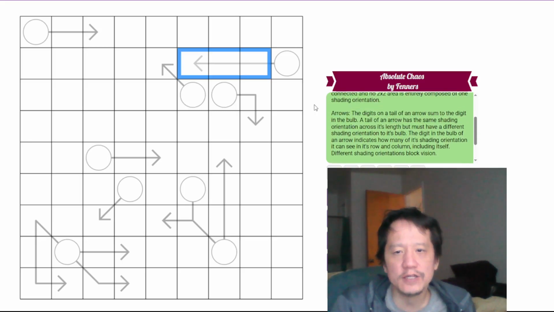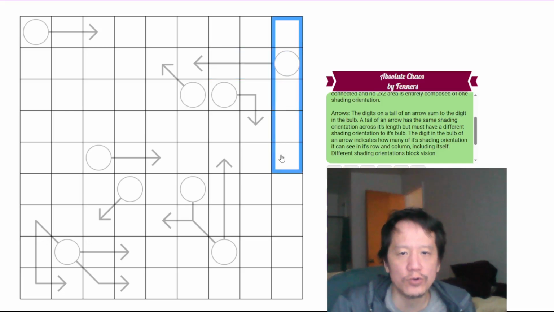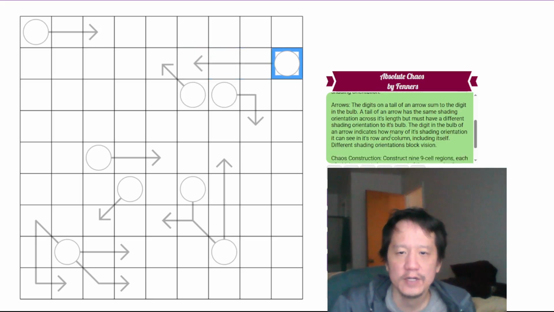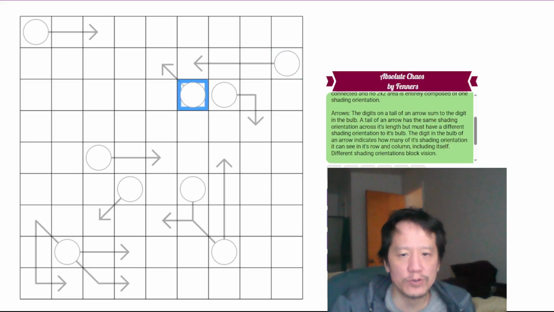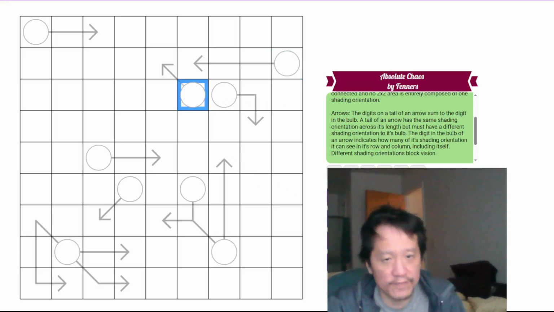The digit in the bulb of an arrow indicates how many of its shading orientation it can see in its row and column, including itself. So, for example, if this were, say, a 5, it would see 5 cells, different shading orientations block vision.